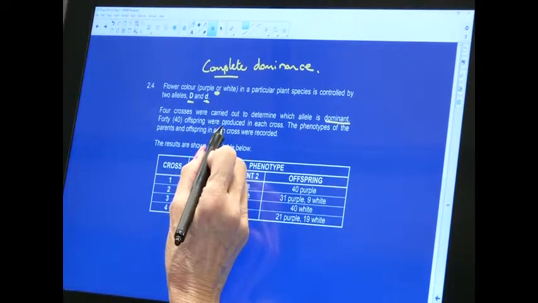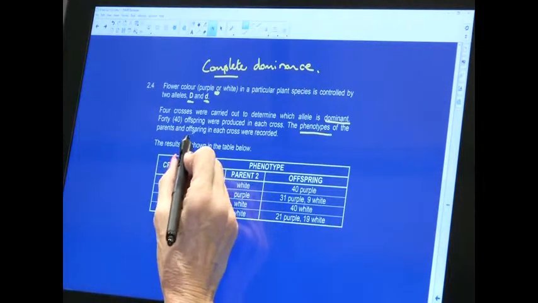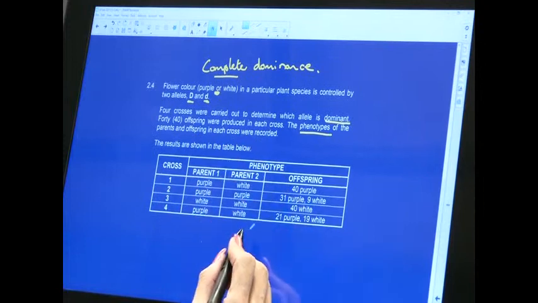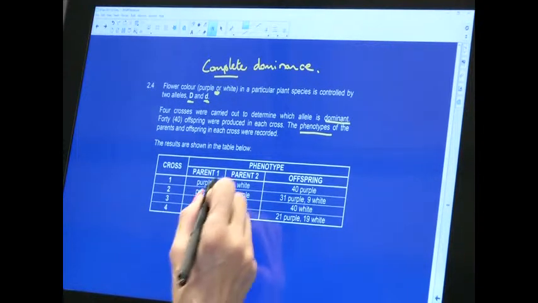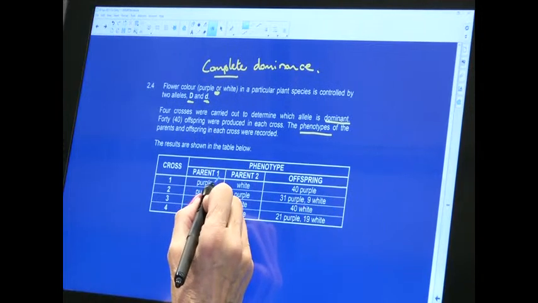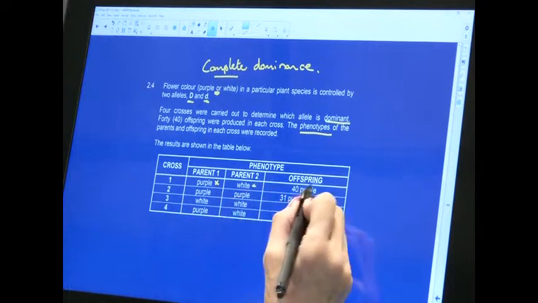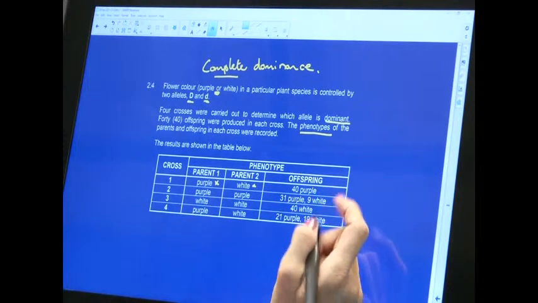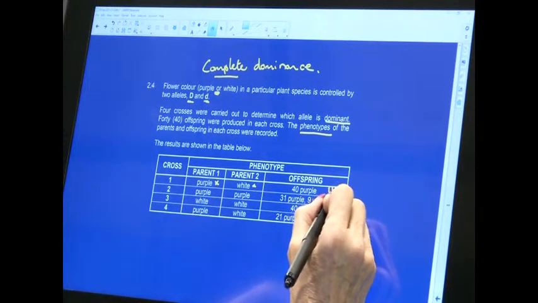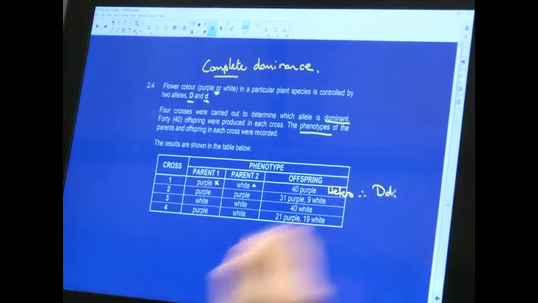40 offspring were produced in each cross. The phenotypes, which is what you see physically of the parents, and the offspring in each cross were recorded. So here are our crosses, parent, parent, offspring. Now, when we had a purple parent combined with a white parent, we ended up with 40 purple offspring, which means these offspring are heterozygous, and therefore they are going to be capital D, small d.